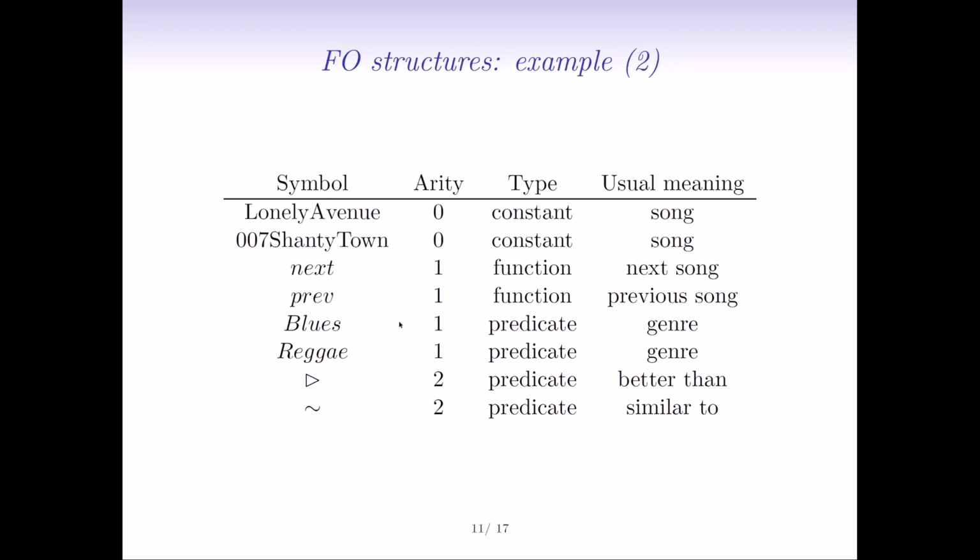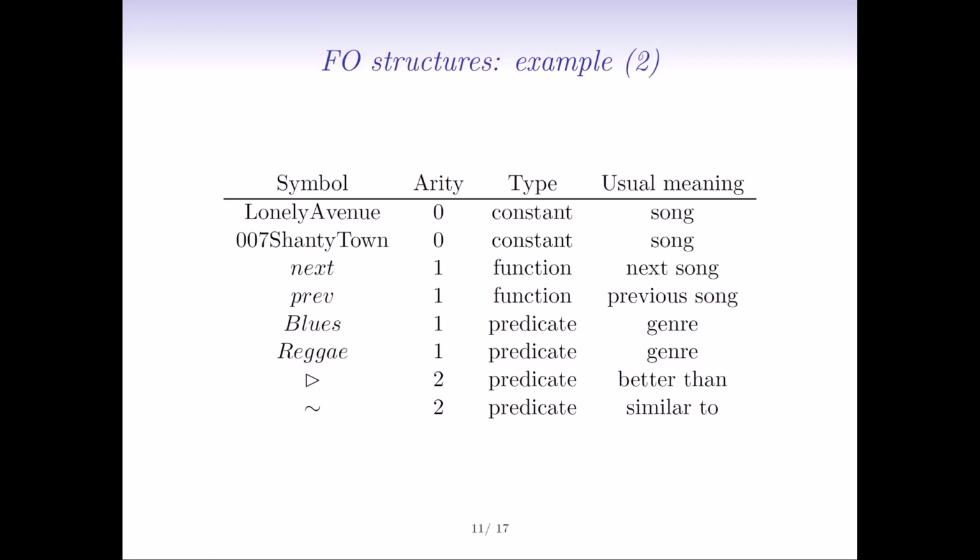Okay, so here's our second example. You'll remember that in the last lecture, I gave a first order language for songs in my MP3 library. And so I've just summarized them in a table here. I have some constants that represent songs or are intended to represent songs. I have a couple of unary functions, next and prev, which are supposed to indicate the next and previous song.